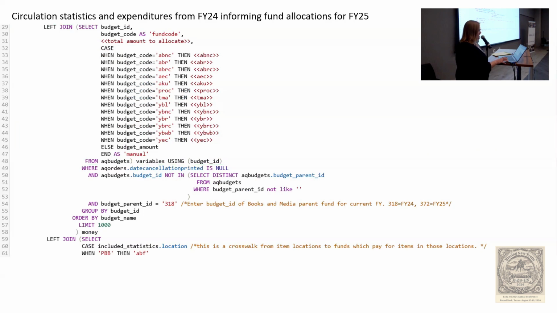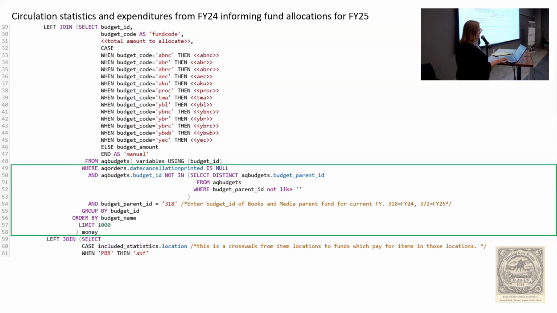And then the second part shows the tail end of the money query, which feeds directly into those top level calculations. Again, you saw that if you assign an alias to a subquery, then you get to use it above. And then the next query brings in the location equivalents to the funds and continues on to the next slide.